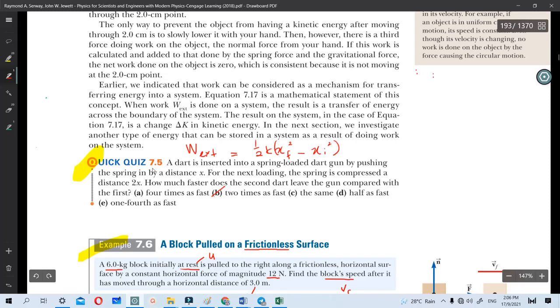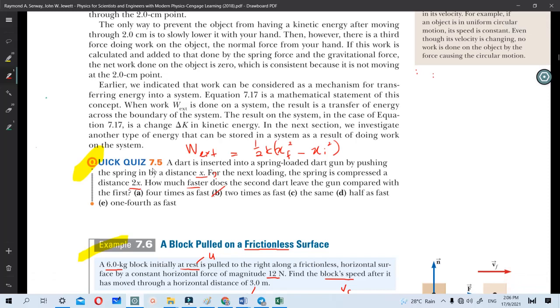Now, the situation is originally a dart spring that is compressed by a distance of x. The next loading, the distance is now double.